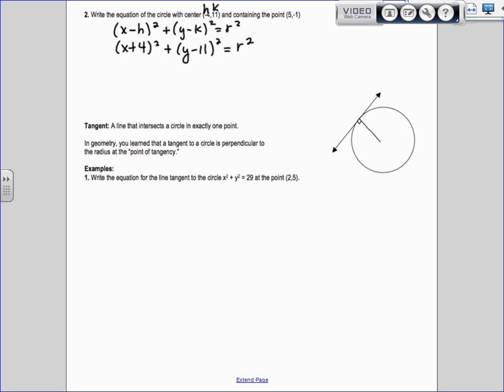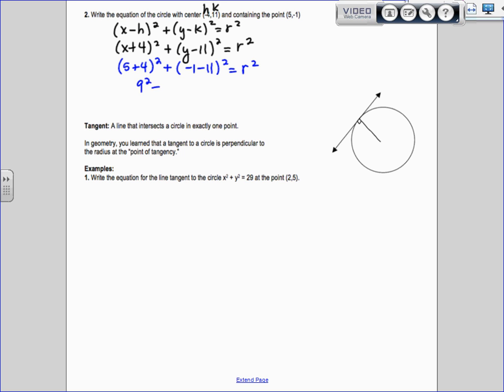And I'm stuck because I don't know what r is. But what can I do? I can take that point, because I know this point is along the outside of the circle. Temporarily, I can use that point to find r, because it has to make a true statement, right? So I'm going to plug in 5, -1. So I'm going to have 5 plus 4 squared plus negative 1 minus 11 squared equals r squared.